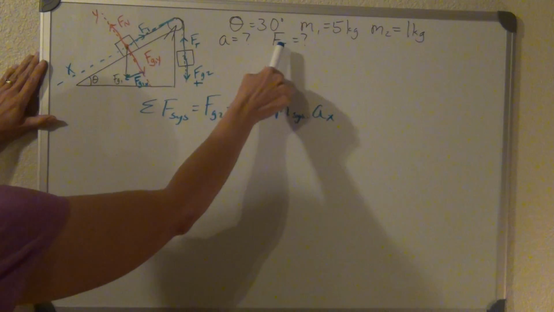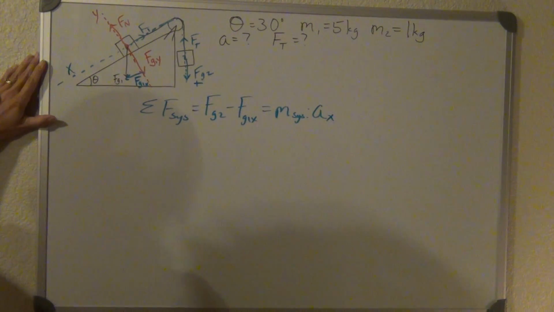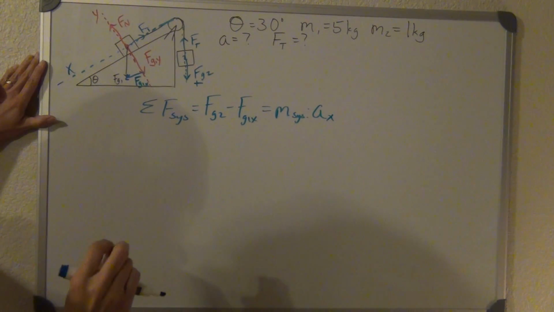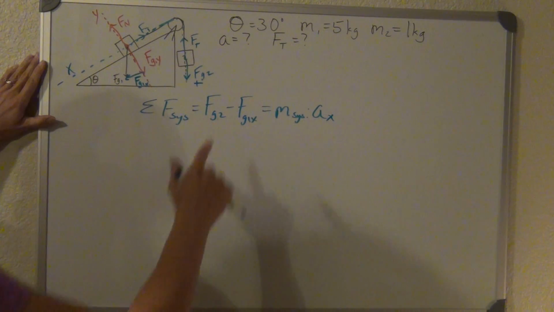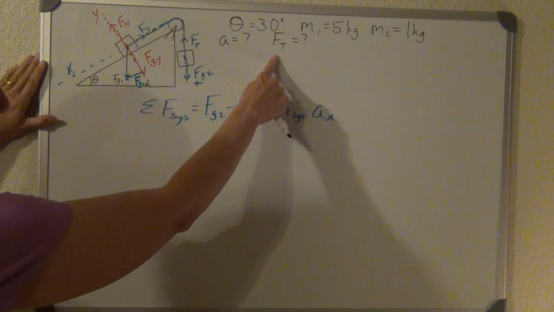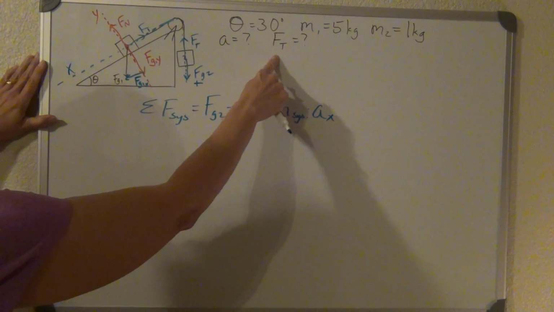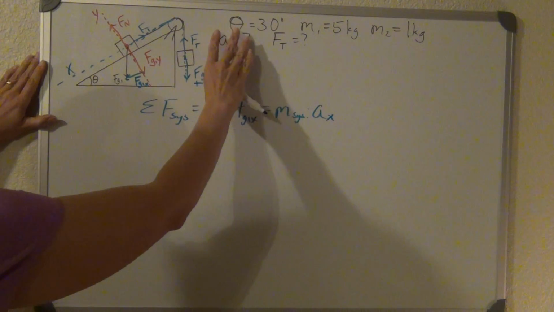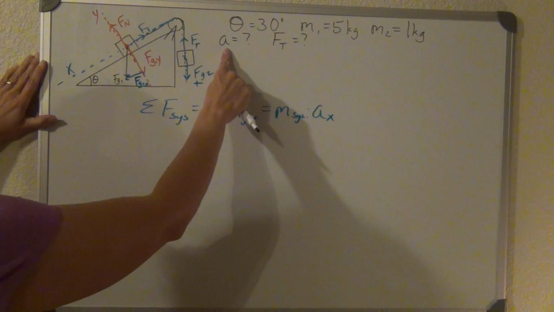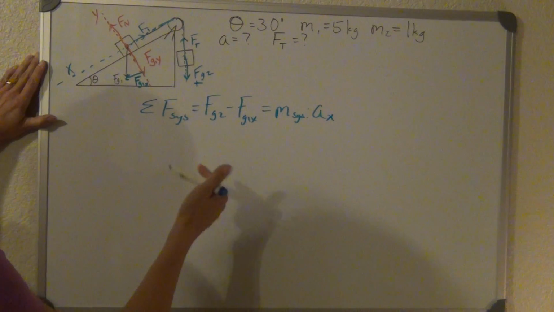Okay, and no matter which direction they ask you for these, if they ask you for force of tension in part A of a problem and then acceleration in part B, you need to always pick which part is easiest to solve for, even if they don't ask you for acceleration. You're going to have this before you can solve for force of tension. So don't be tripped up if they reverse which order they ask for something in, or if they never even ask for that. You still have to have the acceleration. So always go for that one first.